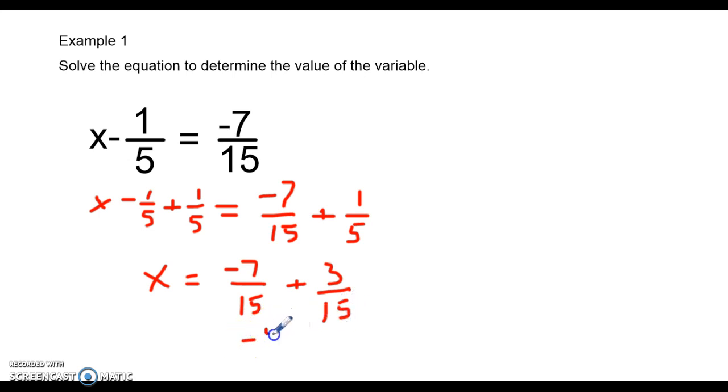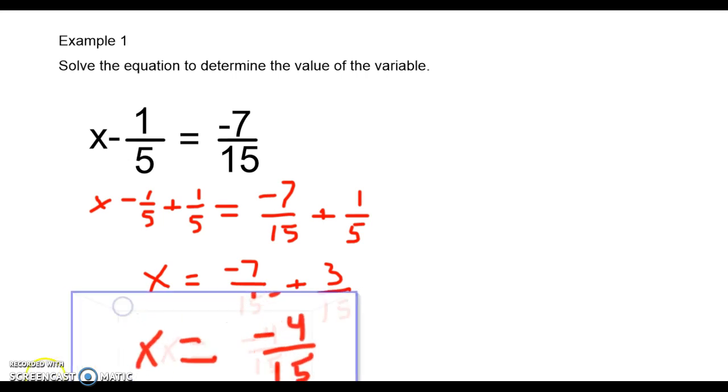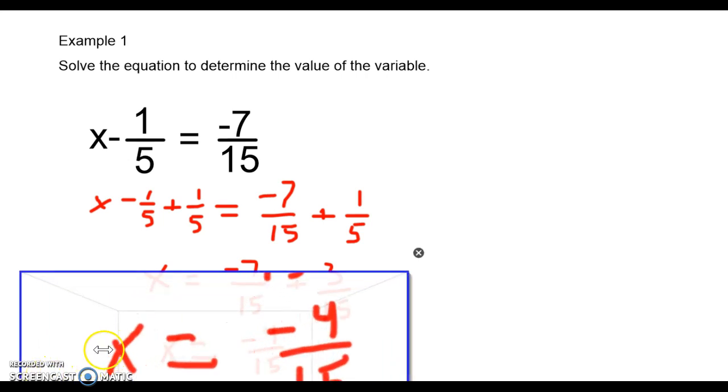So our answer here would be -4 over 15. Don't forget to bring down your variable. So x equals -4 over 15. Awesome. All right. Let's take a look at the next one.